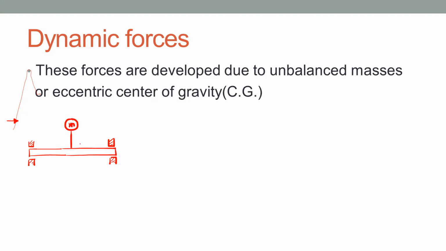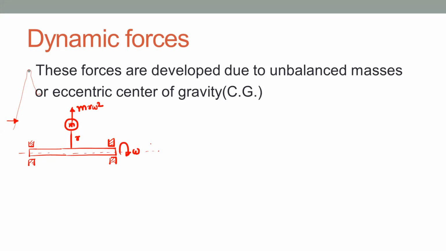This is the mass M and it is connected at radius R. Then this shaft is rotating with some angular velocity omega. Because of this omega, this mass will also rotate about this axis, and it will create the centrifugal force, directed away from the axis of rotation. This centrifugal force is equal to mr omega square.